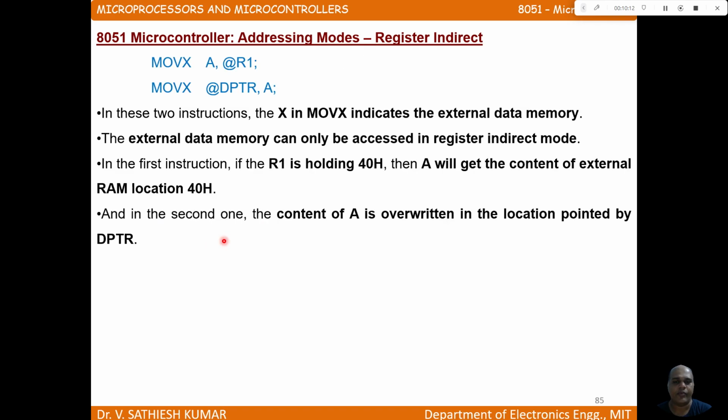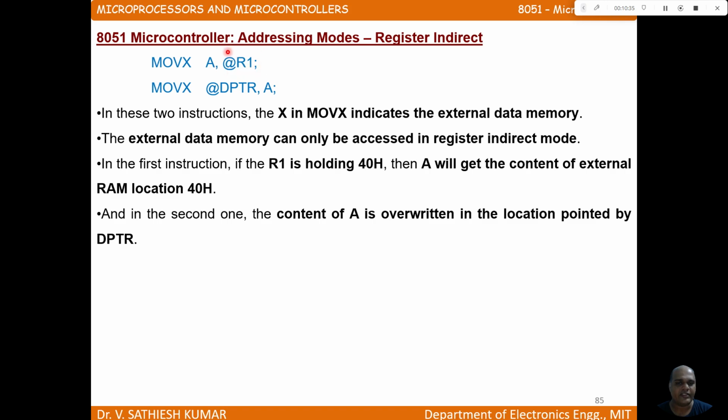Next, in the same register indirect addressing mode, we can access the external memory through these instructions. Move X, where this X represents that we are going to utilize an external data memory. So MOVX A, @R1.